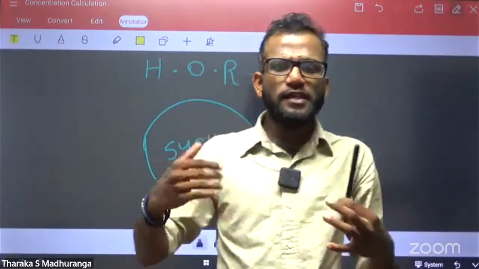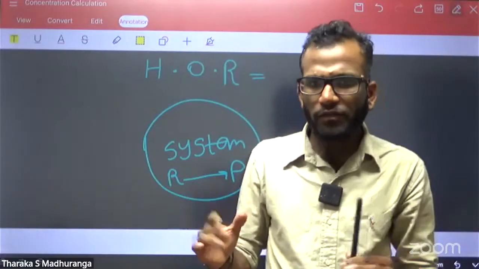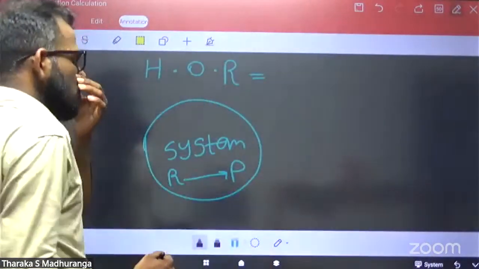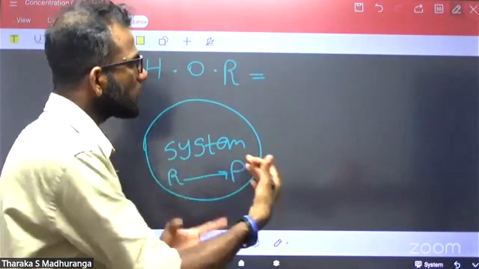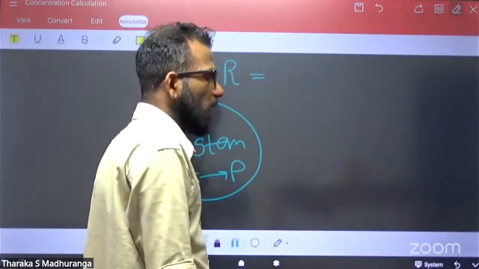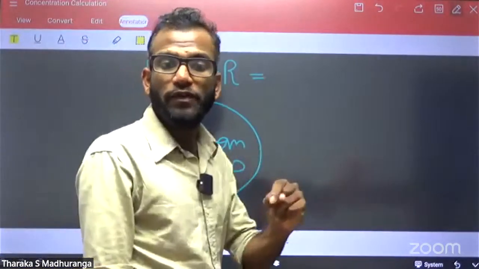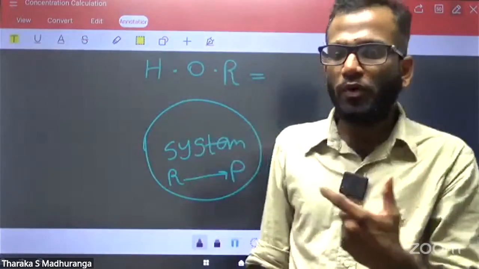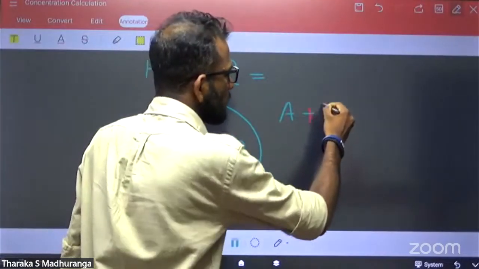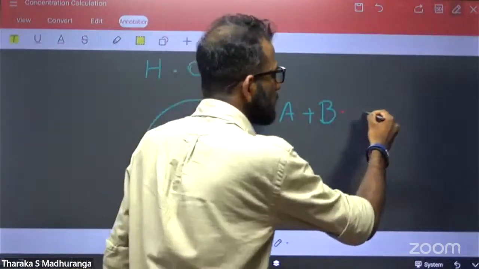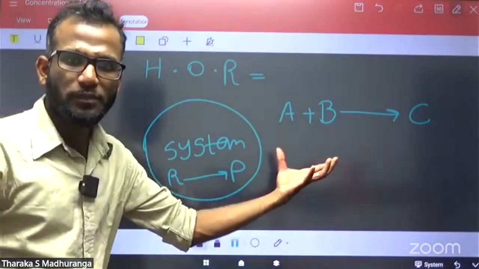Then what is the heat of reaction? The definition: heat of reaction means, in the given balanced chemical equation, while reacting 1 mole of reactant. As an example, think A plus B, where A and B are reactants, converted to C, the product.